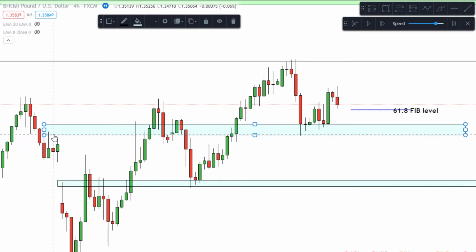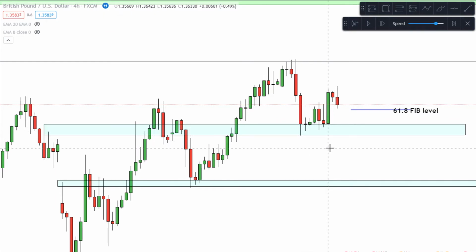We see wick rejection here, wick rejection here, broken through, and then here we have created a 4 hour support. So the idea of key levels is using them as a way to trade from, and identifying the key levels is simply finding wick rejections and where the price has moved from these certain areas. So obviously you can see here and here.